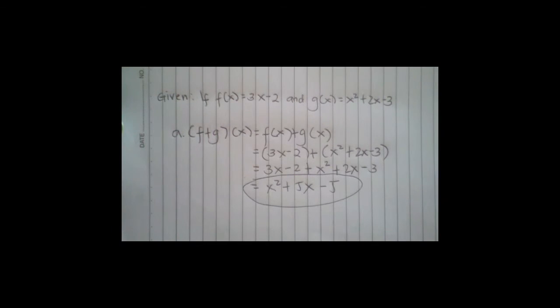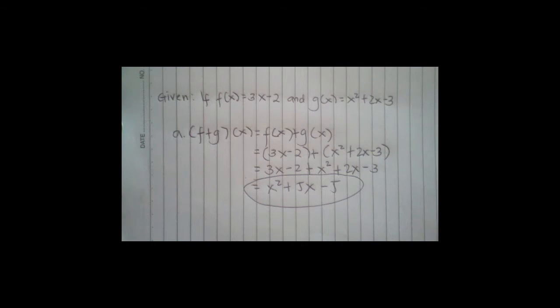For the sum function, the value of f of x is 3x minus 2, and just place it at the bottom of the formula. And we will also look for the value of g of x. The value of g of x is x squared plus 2x minus 3, and just place it next to the value of f of x.